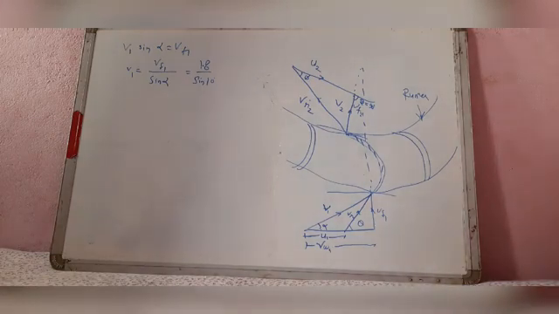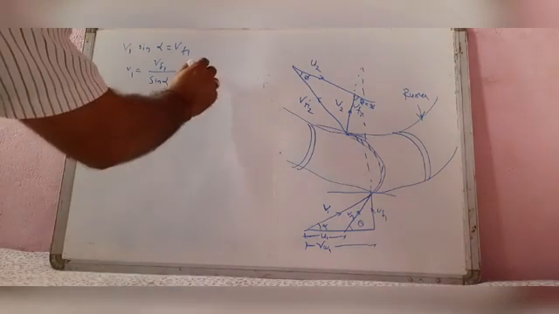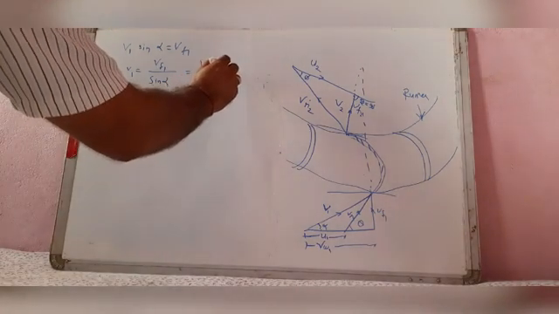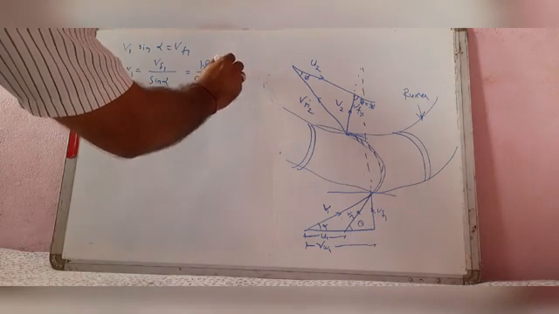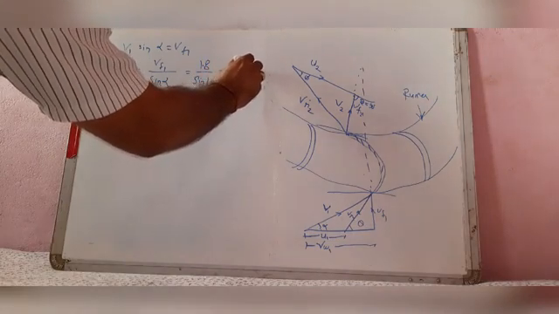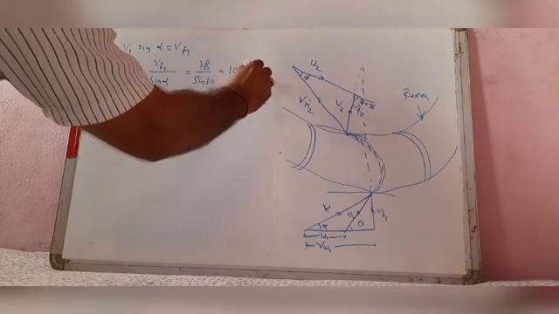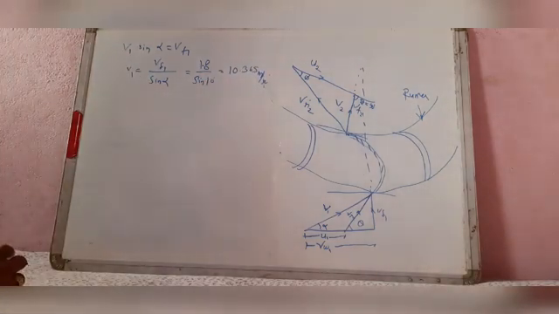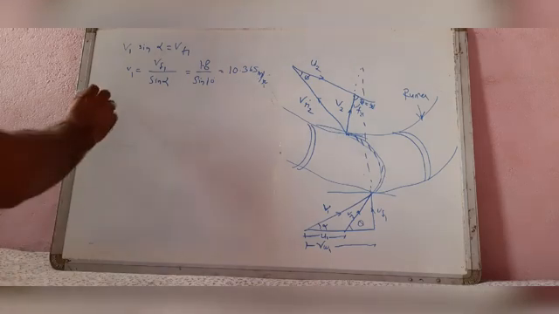So I am calculating by taking 1.8. This value we have to check by calculator, it comes to 10.365 meter per second.